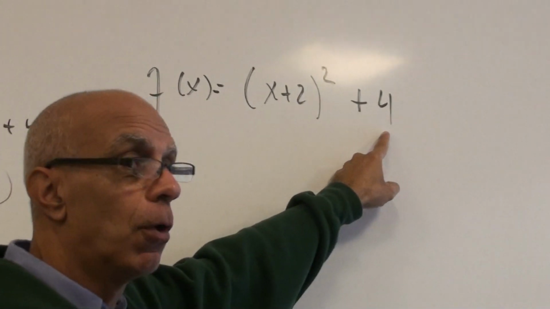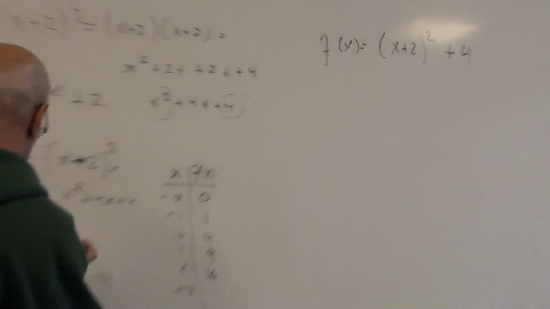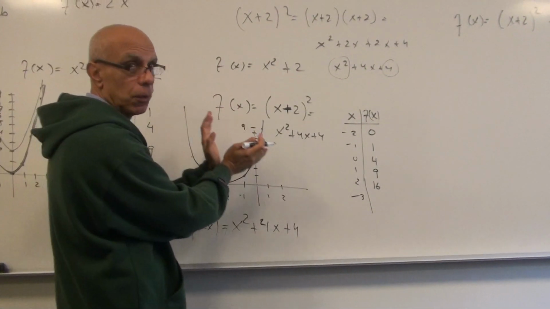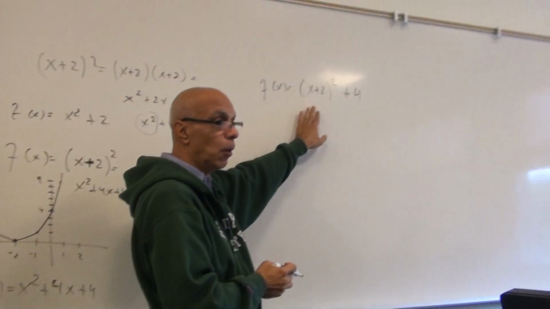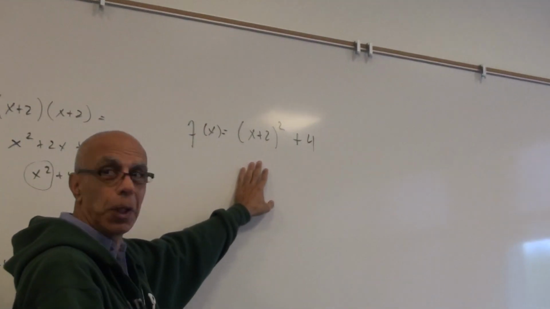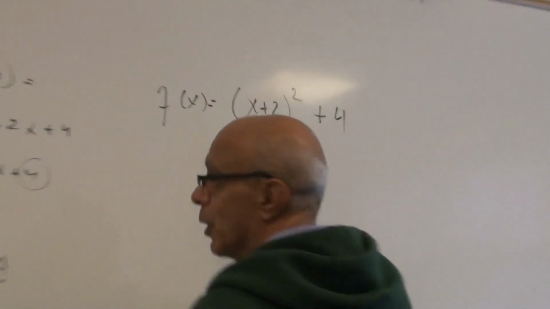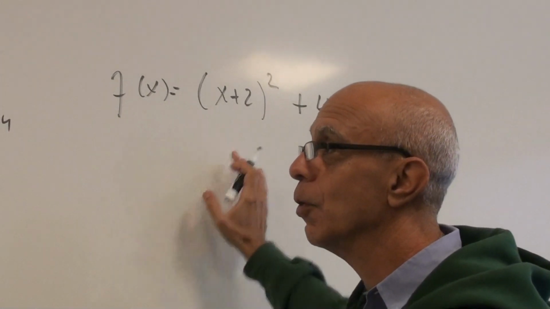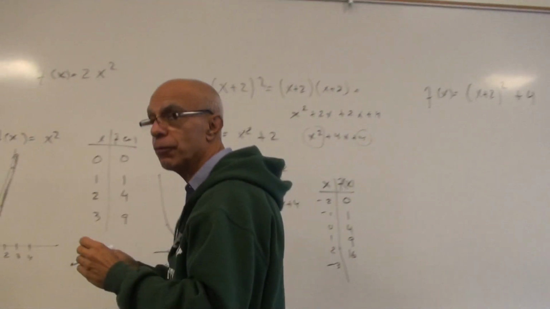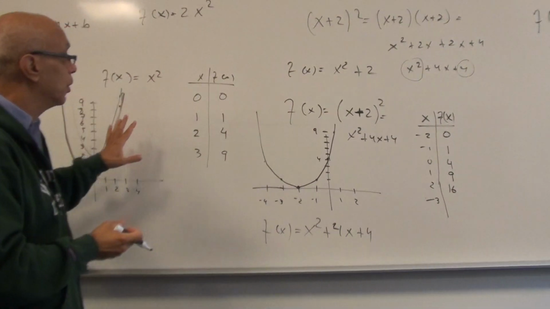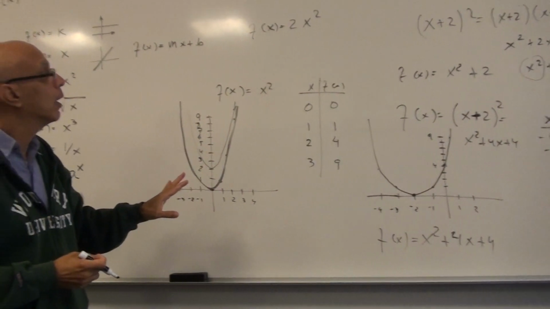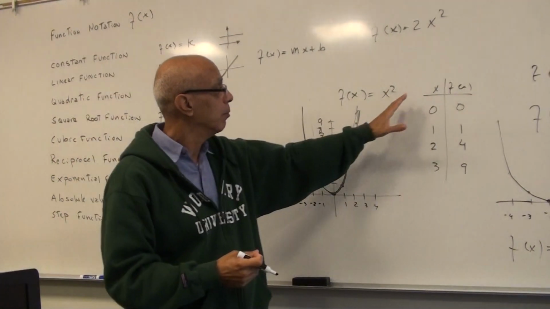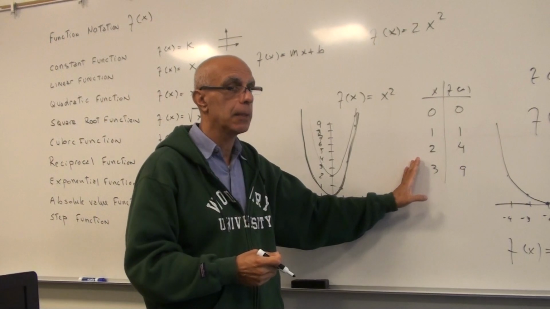But when I add 4, what's going to happen to this whole graph? It's going up, right? So please, at home, make the table for this one so you confirm that, okay? So you are comfortable. You're only going to be comfortable doing these graphs by doing yourself, by actually building this table, all right?